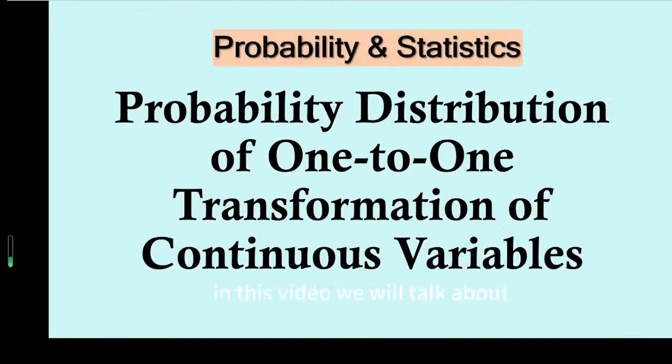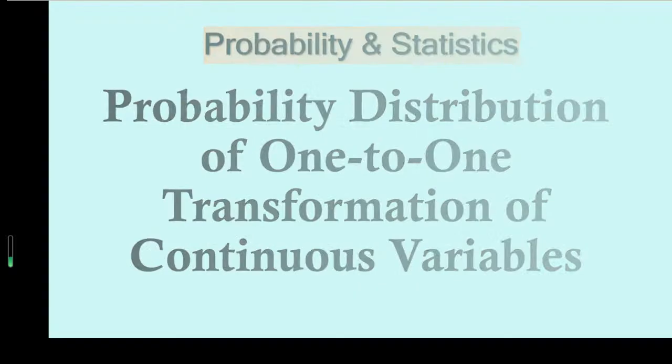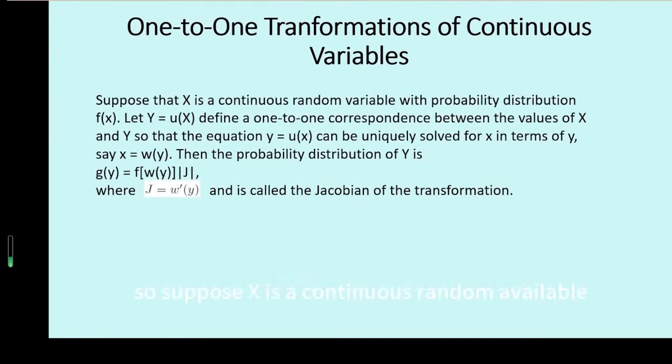In this video, we will talk about probability distribution of one-to-one transformation of continuous variables. So suppose x is a continuous random variable with probability distribution f(x).